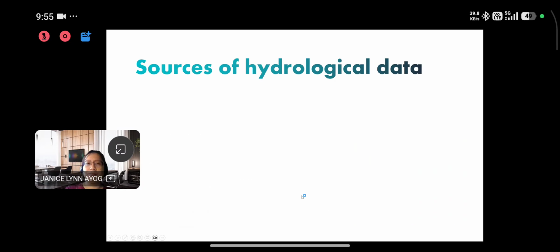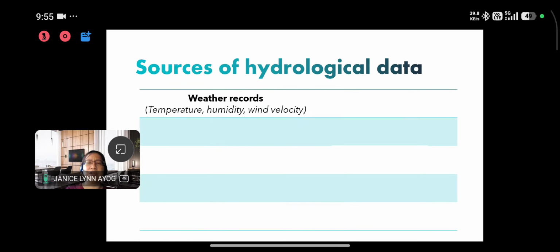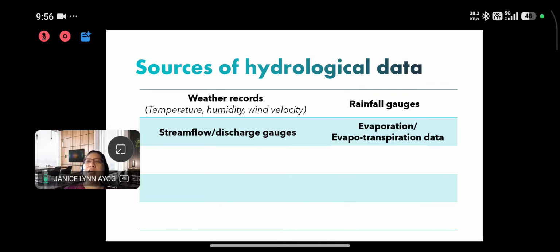Some of the sources of hydrological data include weather records, such as temperature, humidity, and wind velocity, normally needed for evaporation. Rainfall gauges, if you want rainfall data. Streamflow and discharge gauges, when you want to know about river discharge.